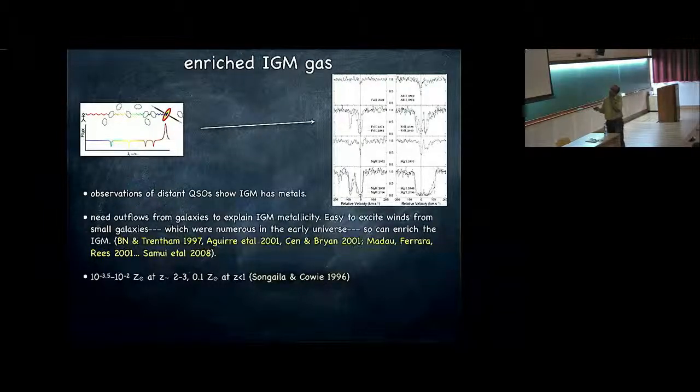Although the metallicity is very low, 10⁻³ or lower at redshift 3, one has to explain the IGM metallicity, and people have shown in many studies that it is possible to do that.